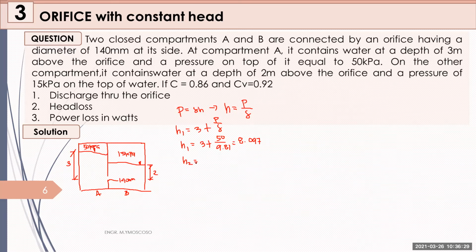So how about for your H2? Since meron din siyang pressure, i-convert natin yung pressure into a height. So you will have 2 plus 15 divided by your 9.81. So ilan yan? That will be 4.568 meters.